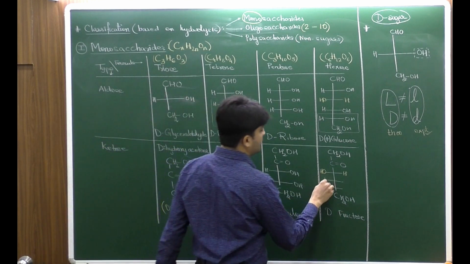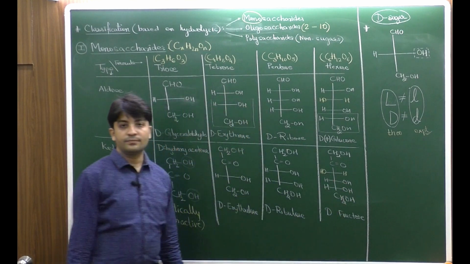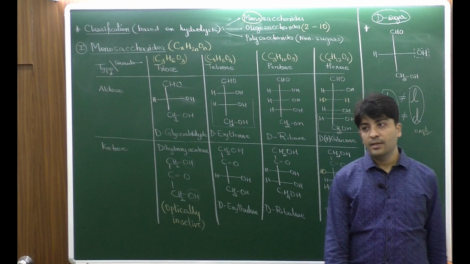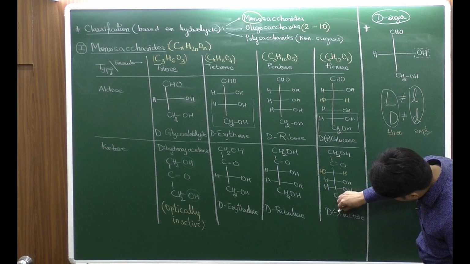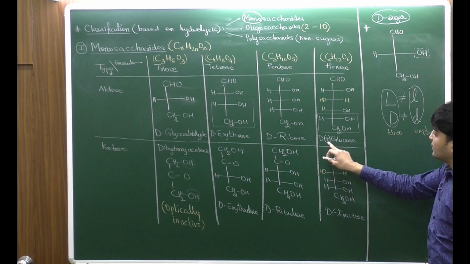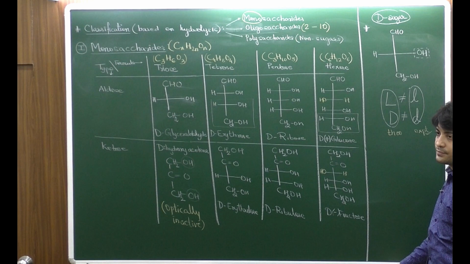And then the next have HOH, HOH. It's a D sugar. And fructose rotates the PPL to the left. It is levorotatory, hence we write D minus fructose. So only for glucose and fructose you have to remember the experimental observation towards the PPL, that is dextro here and levo here. Rest you don't have to remember.